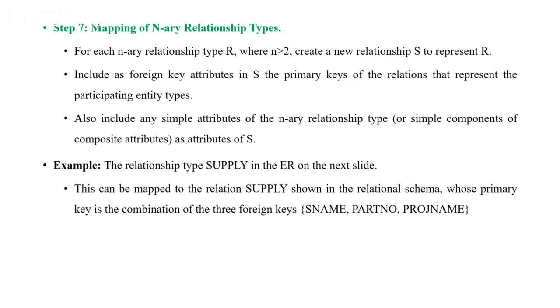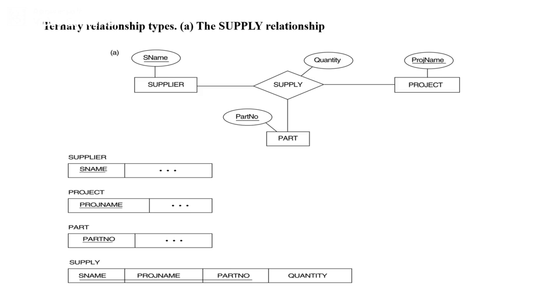This can be mapped to a relation supply as shown in the relational schema, whose primary key is the combination of the 3 foreign keys. For example, you can see here S name, part number and project name. So the combination of these 3 primary keys will form the foreign keys for this supply relation.